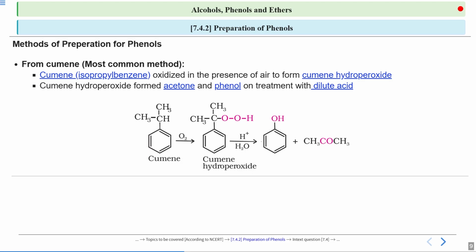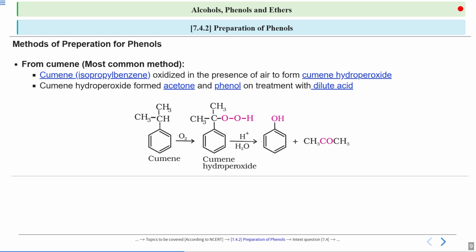Then you do the acidification of this cumene hydroperoxide in the presence of dilute acid. You will get phenol as your major product, and along with that acetone. The acetone byproduct CH3COCH3 is also obtained in large quantity.